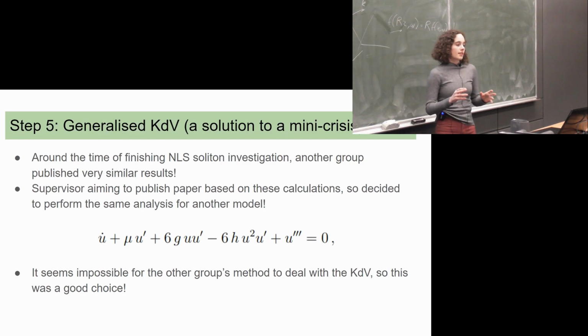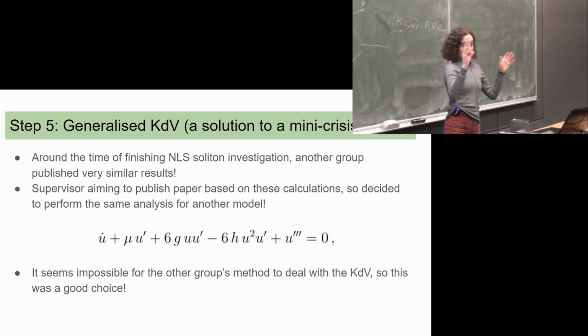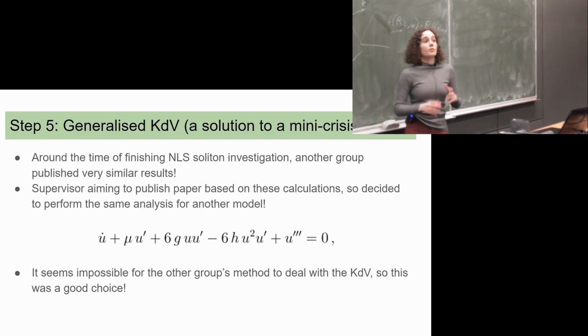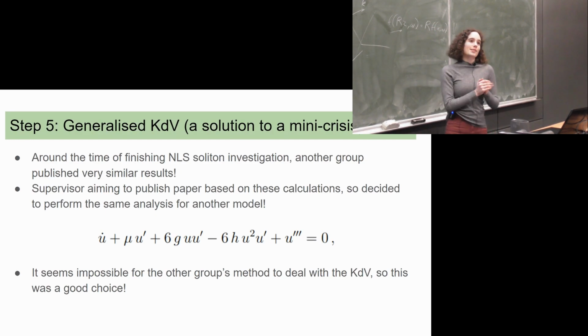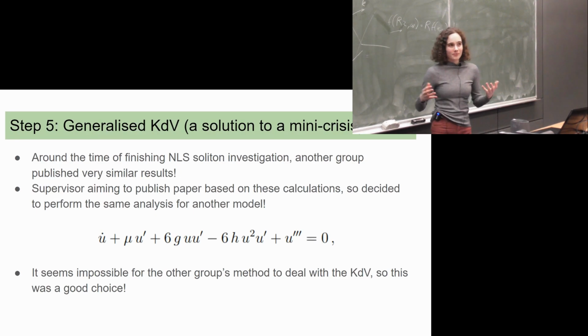They had another way of finding deformed theories, through a coordinate transformation, which is actually really helpful in a lot of ways. They published a paper about the nonlinear Schrodinger model with more solitons and exact Lax pairs. And the problem was that my supervisor did want to publish a paper based on our calculations. So this meant that we had to do something more.